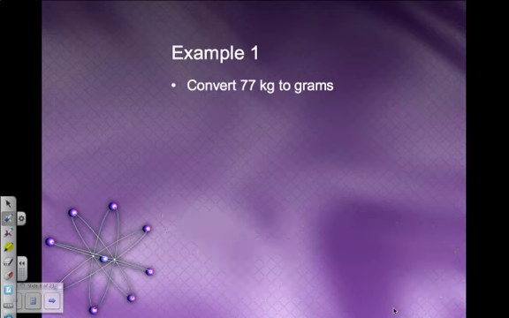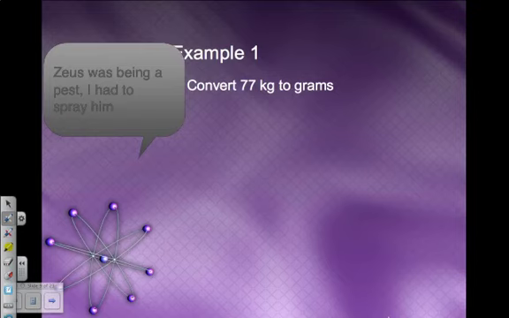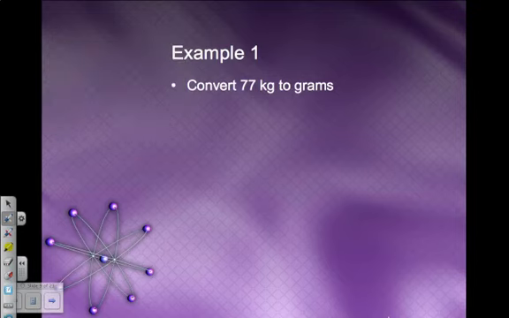Alright, so let's do an example. So I want to convert 77 kilograms to grams. And I know some of you know the trick where you can move the decimal place. Don't do that, because you're not going to be able to do that with everything. And once we get to more complicated problems, you're going to have to use this method. So 77 kilograms to grams.